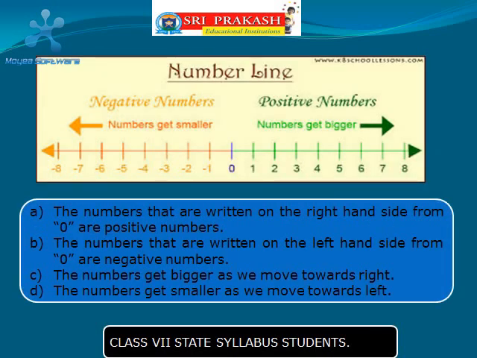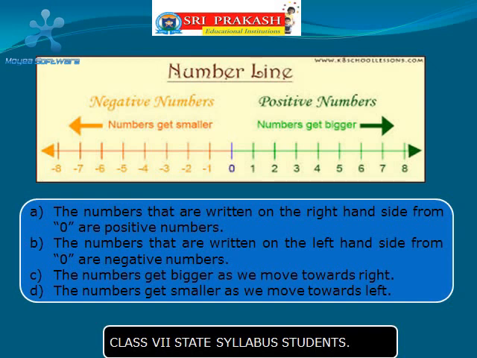Here, the picture of a number line is given. Now let us study the picture. The numbers that are written on the right hand side from 0 are called positive numbers.